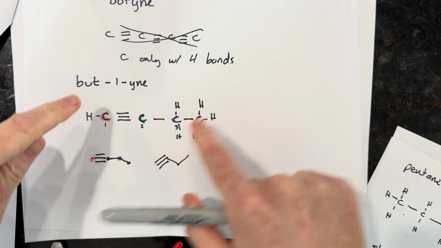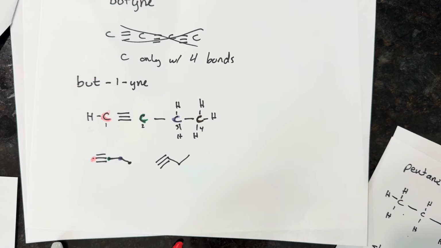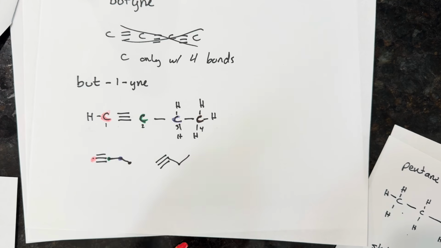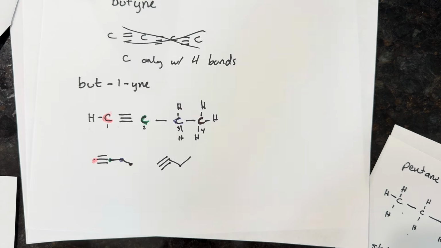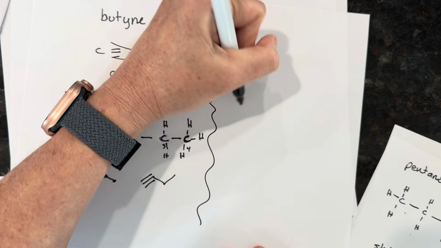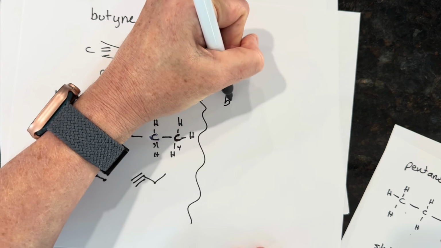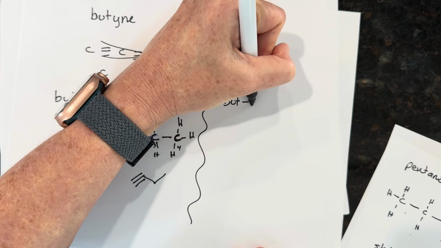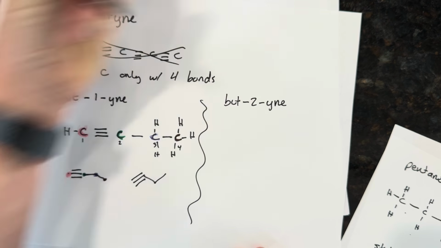So this and this are equivalent. So but-1-yne would be that. Let's go ahead and move on, and feel free, if that didn't make sense, pause it, watch it again, and usually that will help.